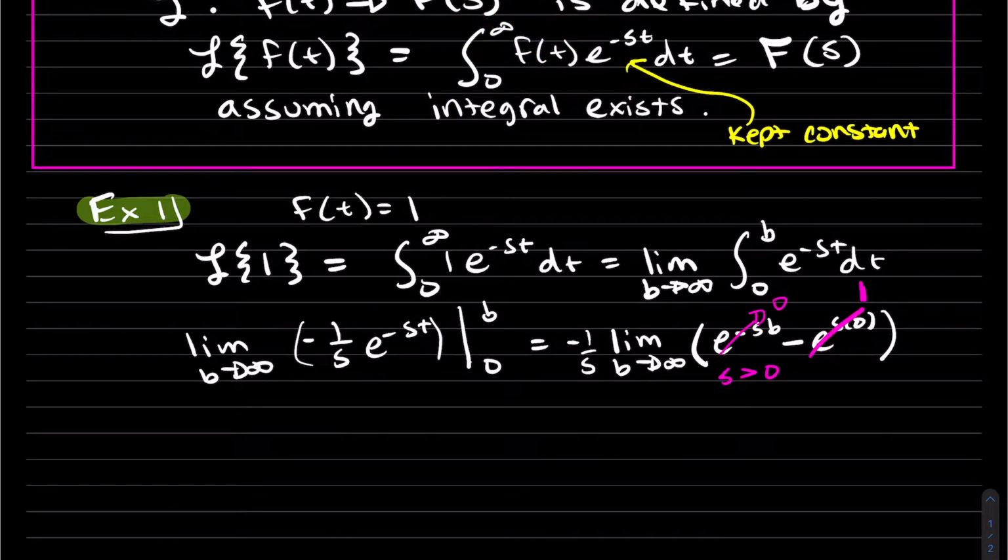As long as s is greater than 0, that first term will go to 0 because it's a decaying exponential function.